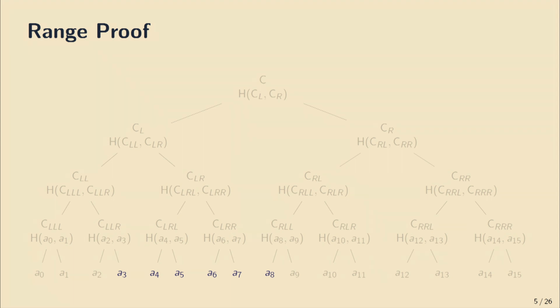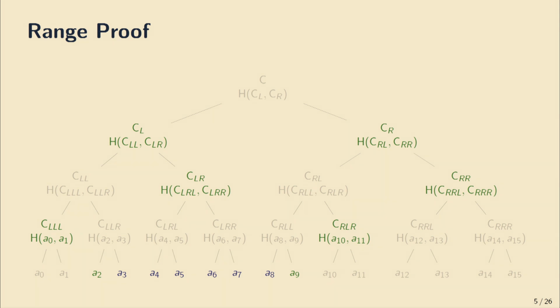What we can do is provide a Merkle proof for A3, and we can provide a Merkle proof for A9. So a logarithmic size proof can be used to prove an arbitrary range of successive elements in the Merkle tree. This is a well-studied primitive, Merkle range proofs.